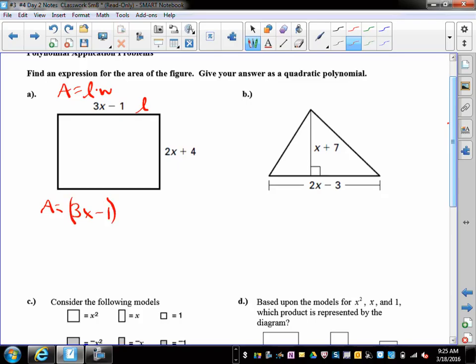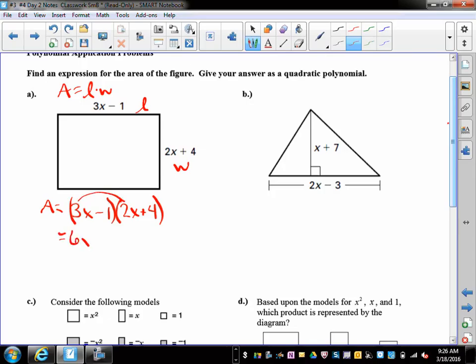And that whole thing times my width. And my width is 2x plus 4. So the whole thing times the whole thing. So what do we have to do with that? Distribute, double distribute, or FOIL.